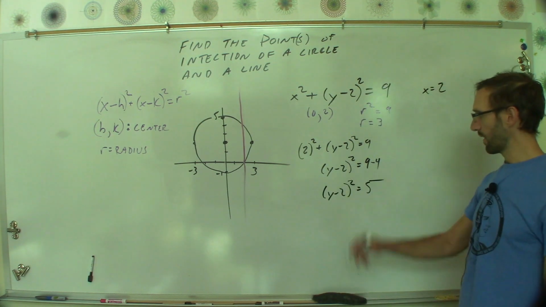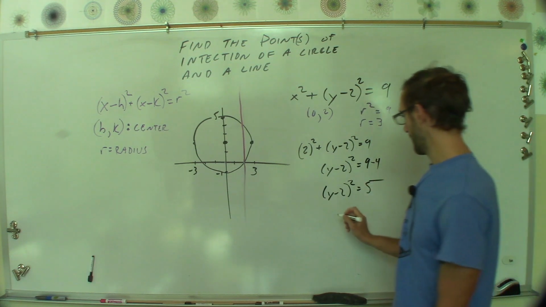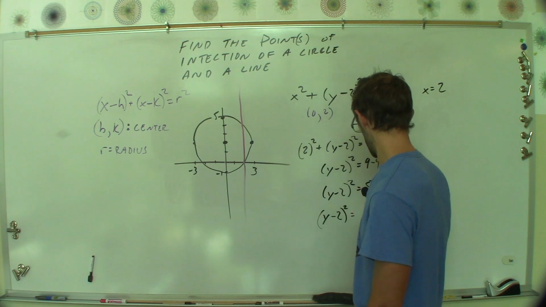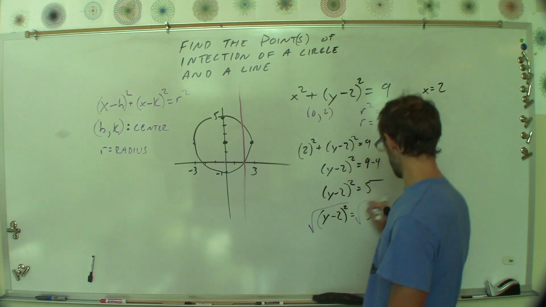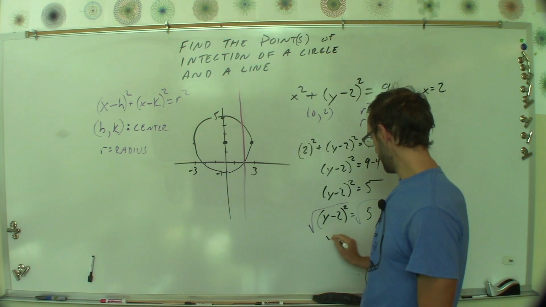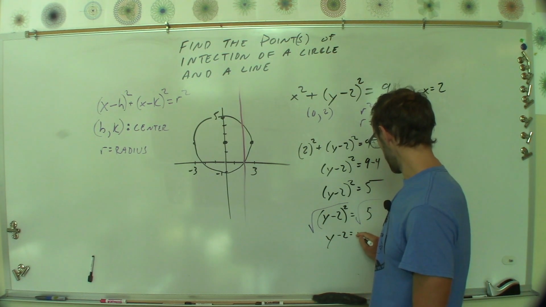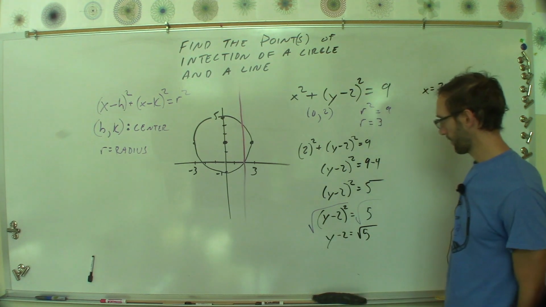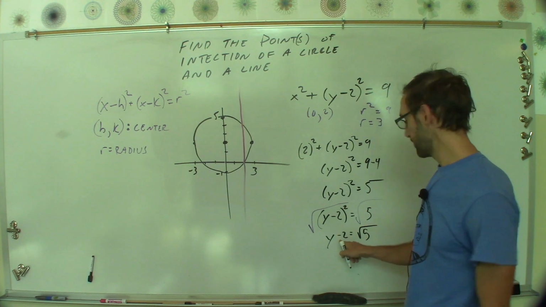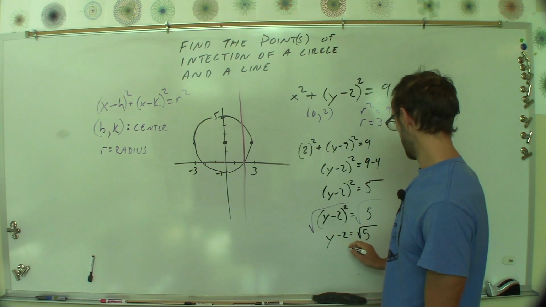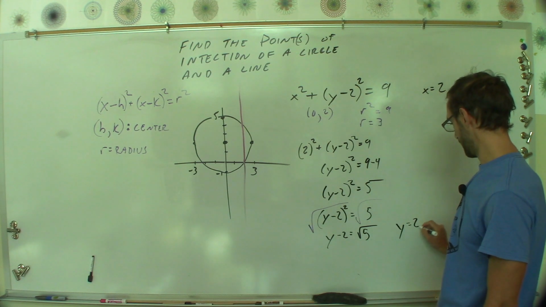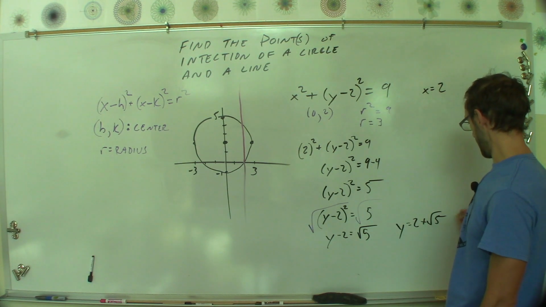And then we're going to take the square root to get rid of that pesky old square. Just rewriting it to show that step there. And then we get y minus 2 equals root 5. And we're going to add 2 over here to get our solution of y. y equals 2 plus root 5.